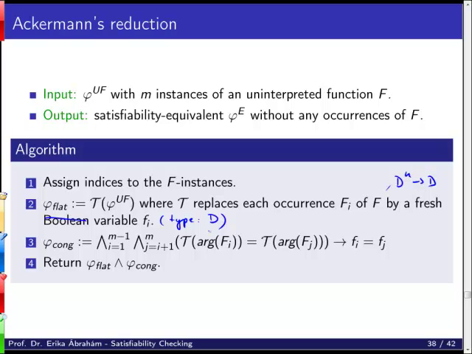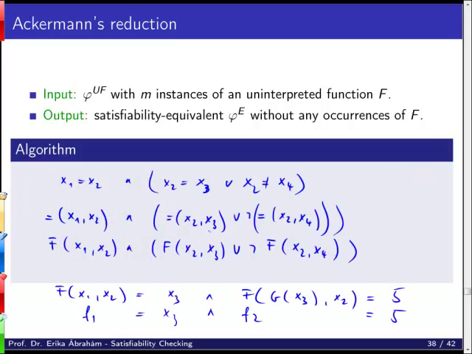So we replace each occurrence of a function by a fresh variable of the same type. And now the Boolean abstraction does not abstract away from the predicates, but from the functions. That means that for all possible occurrences of a function f, for two different applications, we say that if the arguments are the same, then also the function values are the same.